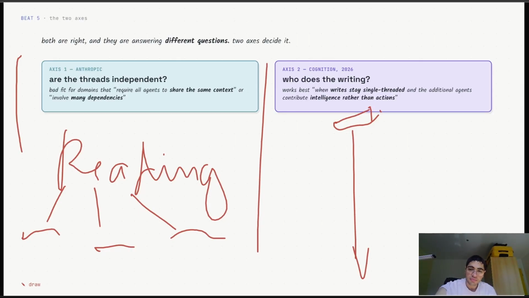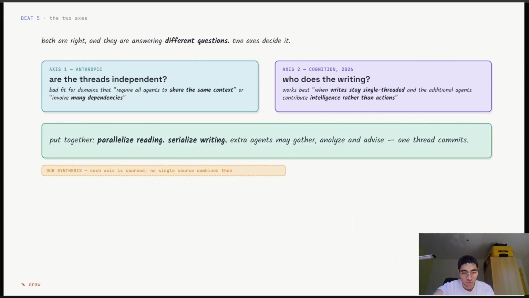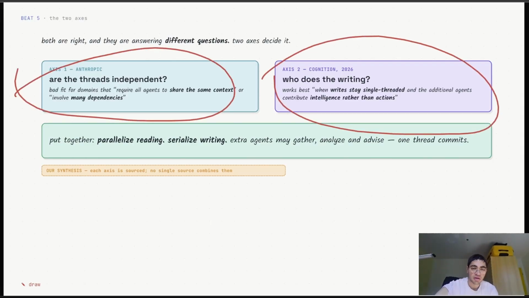So the best tip that I can give you, and this is my own synthesis, coming from research but not from papers, is that you need to parallelize reading and serialize writing. So this is writing, this is reading, and that's how your decision making should be done, even when you're deploying it on the enterprise AI side of things.